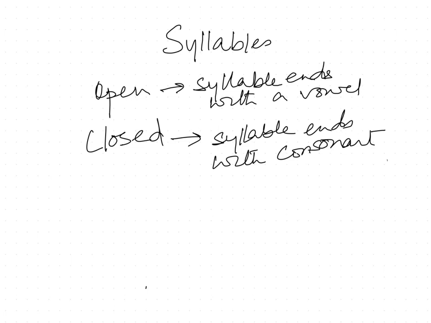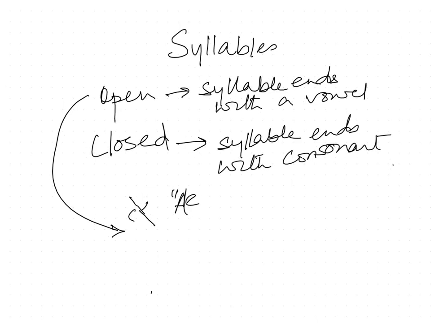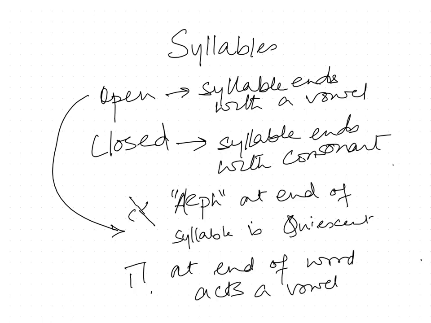Please bear in mind, when I'm talking about an open syllable, if a syllable ends with an aleph, remember, aleph at the end of a syllable or at the end of a word is usually quiescent.